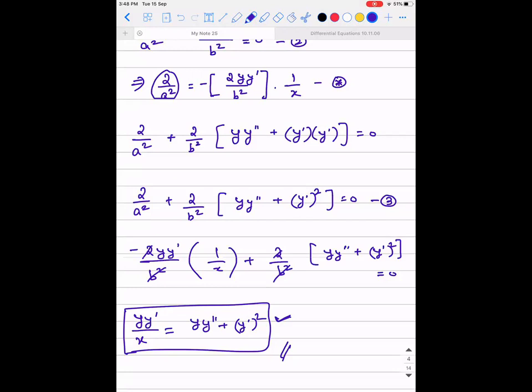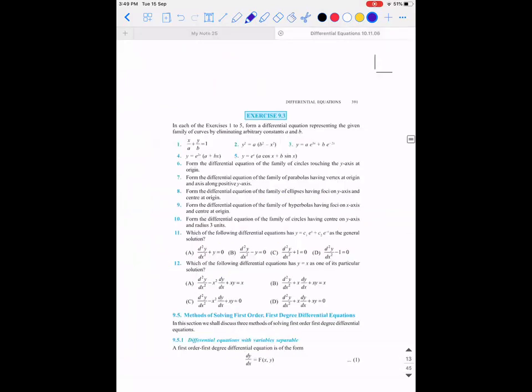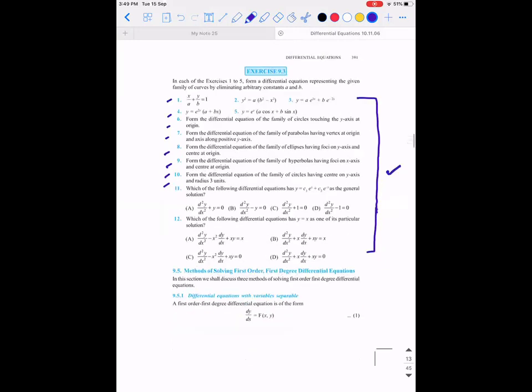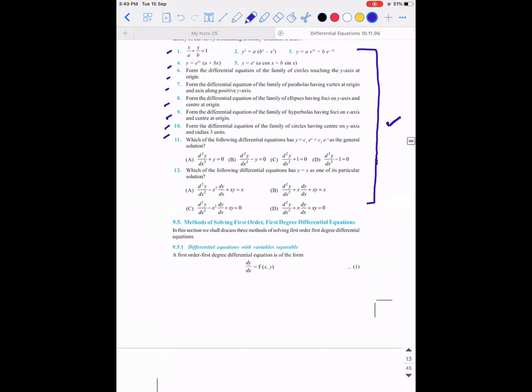You can try all these problems irrespective of the syllabus, so that you will have good practice of differentiation as well as understanding of how to solve the next exercises. So this exercise I'm leaving to you. If there are any doubts, you can let me know.